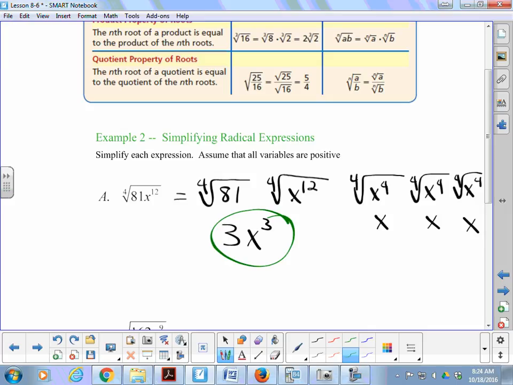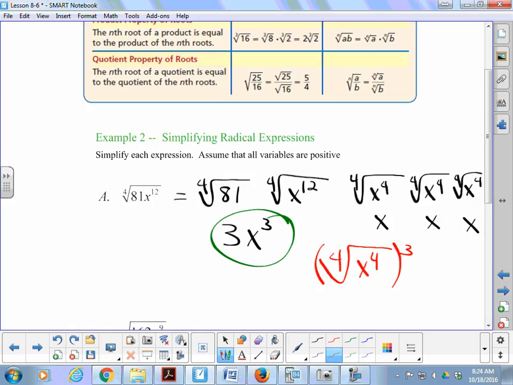Okay. That's one way you can think of it. Another way we could think of it is, we could say, all right, so this is the 4th root of x to the 4th and to the 3rd power also. So this would simplify to be x cubed. So there's a couple different ways to think about it.